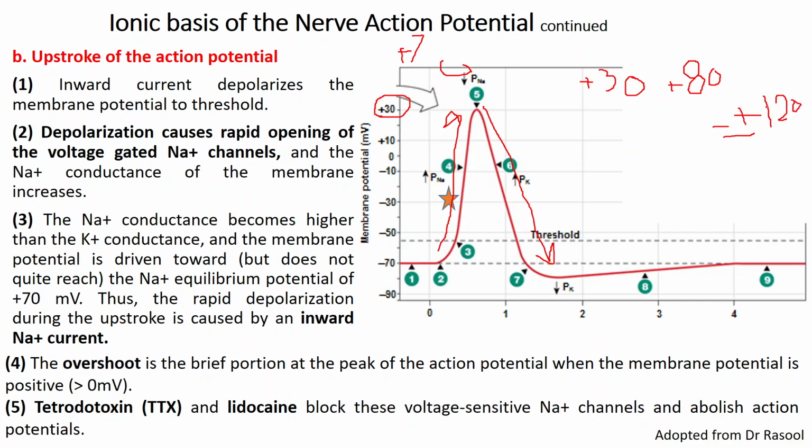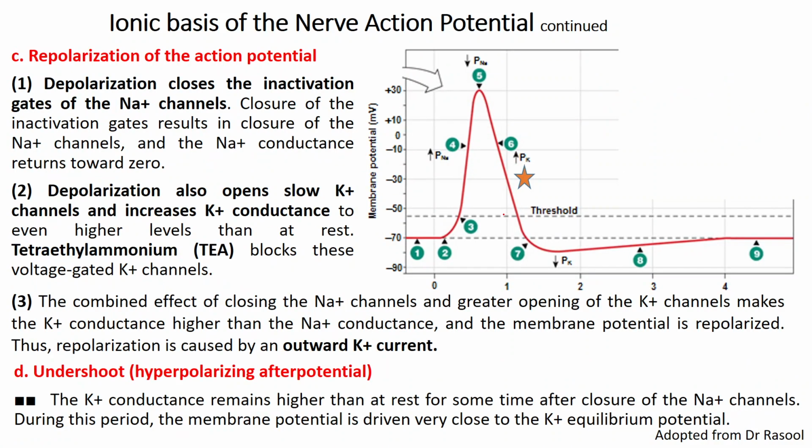So there is a huge ionic driving force for potassium to leave the cell, isn't it? Because it wants the membrane to reach its equilibrium potential. Is that clear? And so what is responsible for repolarization is that the inactivation gate of the voltage-gated sodium channels is closed, and now we have the opening of the voltage-gated potassium channels, and there is a huge ionic driving force for potassium to leave the cell.